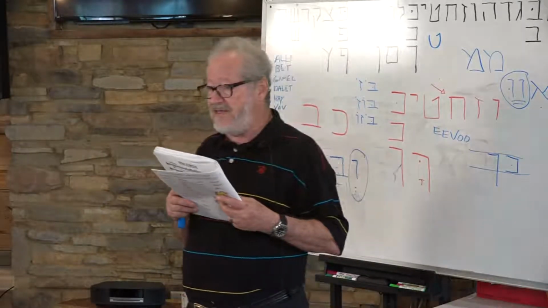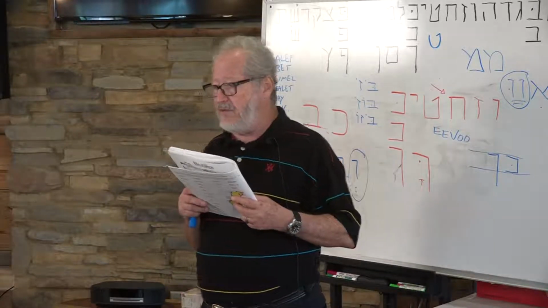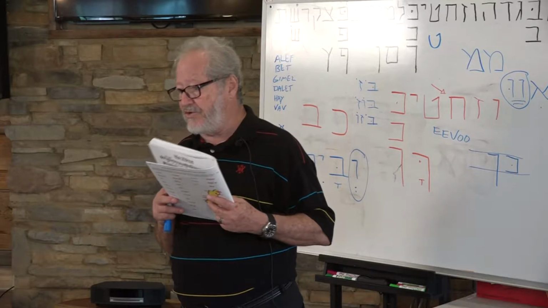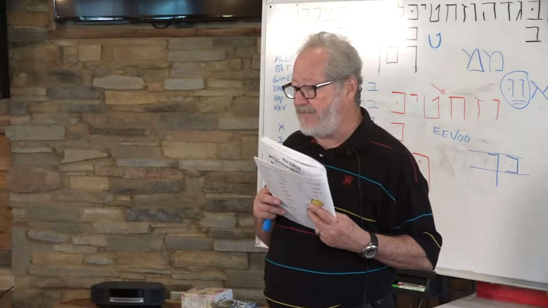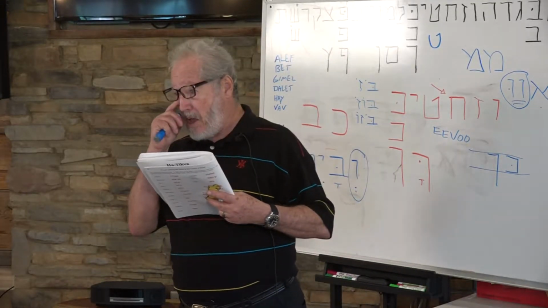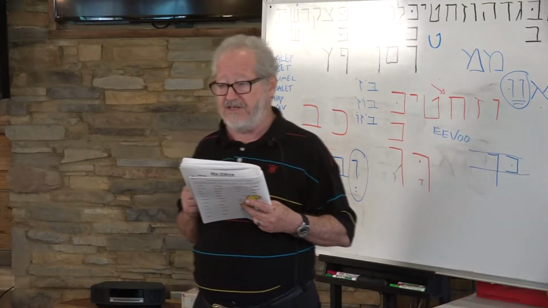What's the next letter? It's a lamed. What is the sound under the lamed? It's air like apple. 3 dots are air like apple. So we have ma, le. What is the last letter? Okay, it's a sofit. What letter sofit is it?